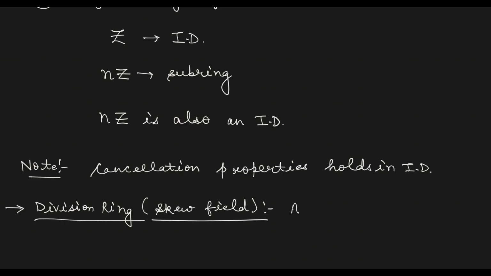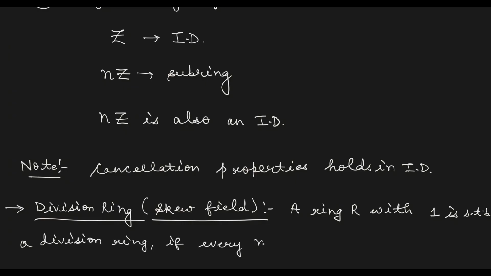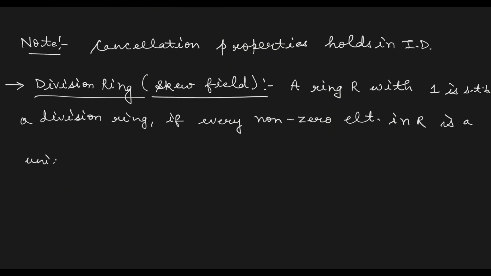A ring R with unity is said to be a division ring if every non-zero element in R is a unit in R. Means a ring R with unity is said to be a division ring if every non-zero element has a multiplicative inverse. This is the only meaning of unit.